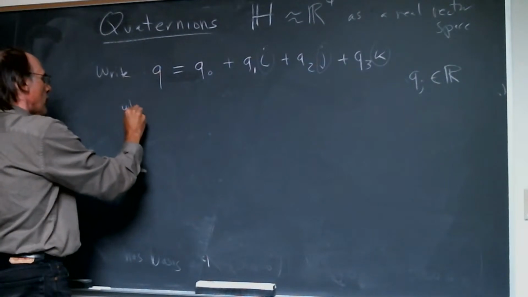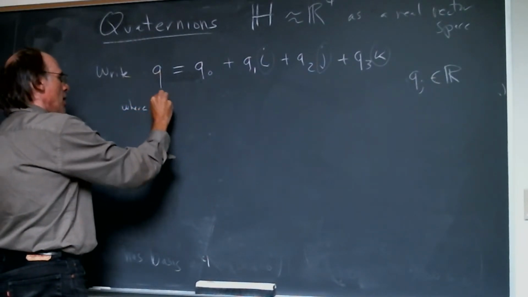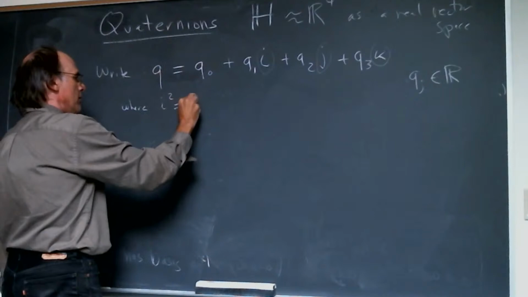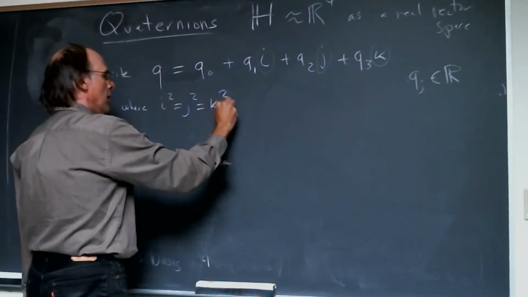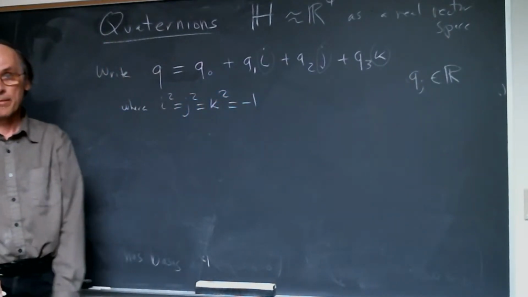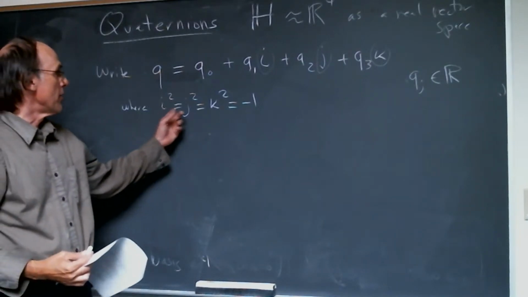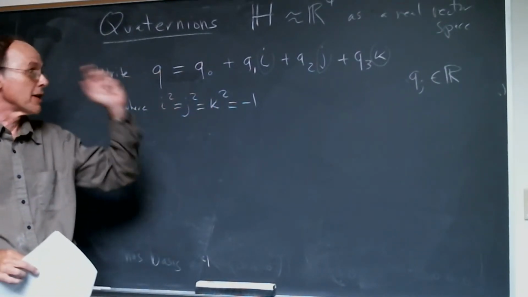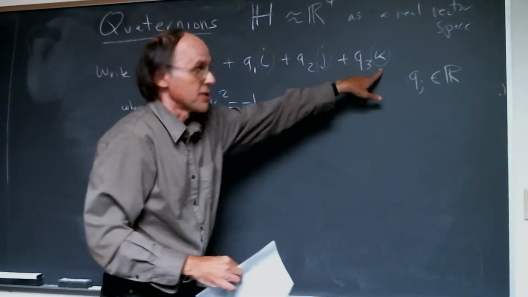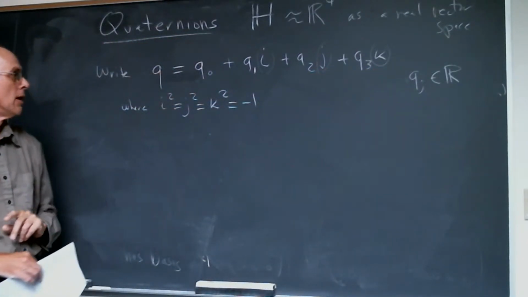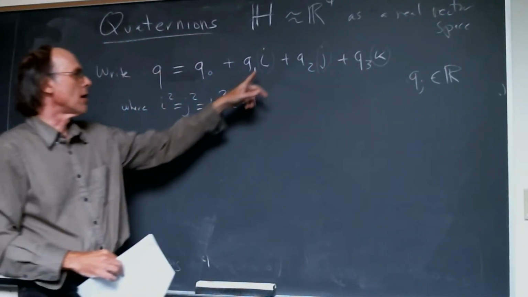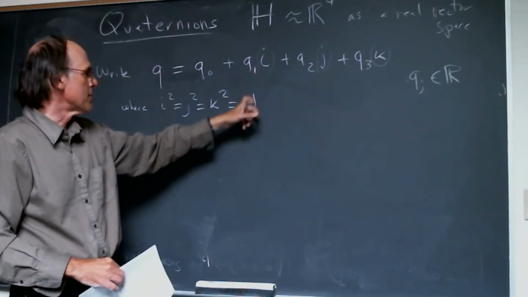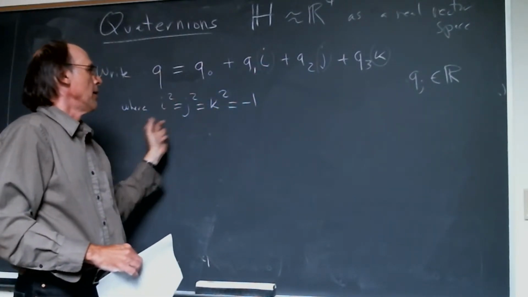So if you square any of these things, you're going to get -1. They behave just like square roots of -1, except there are three different square roots of -1. In some sense, this is where the analogy comes in.